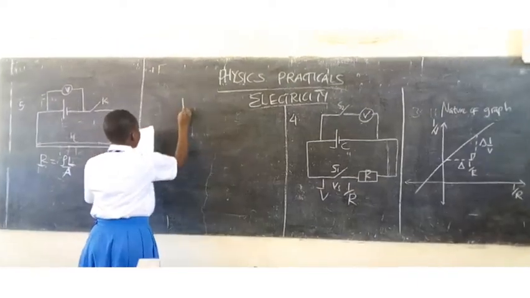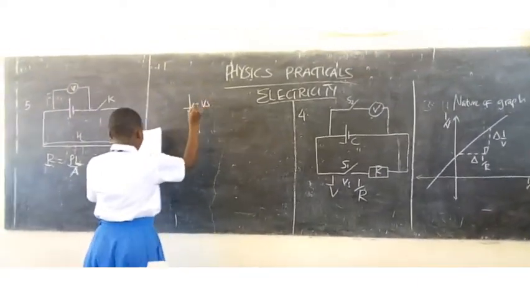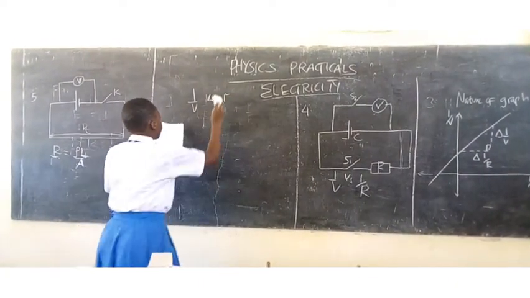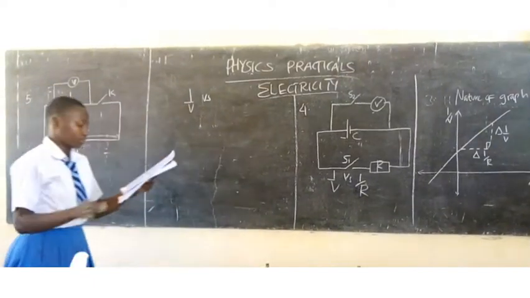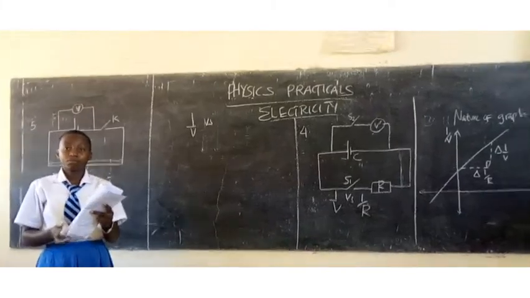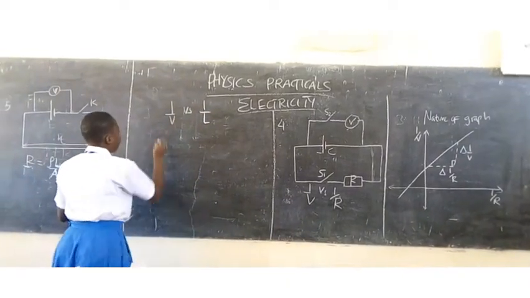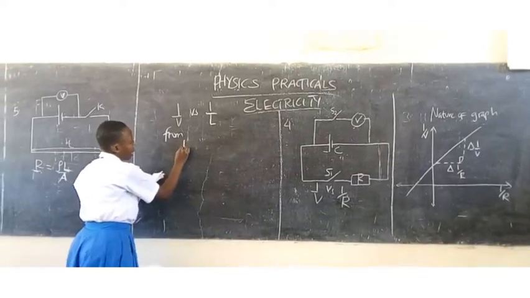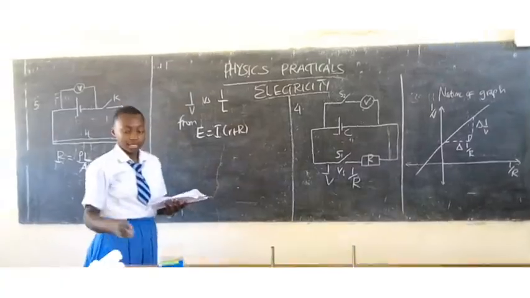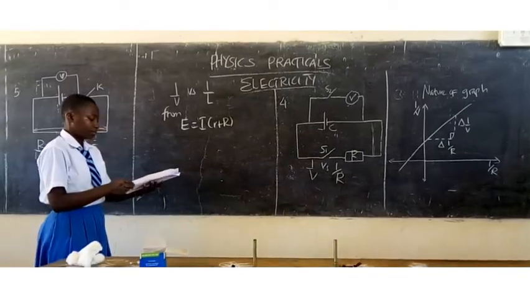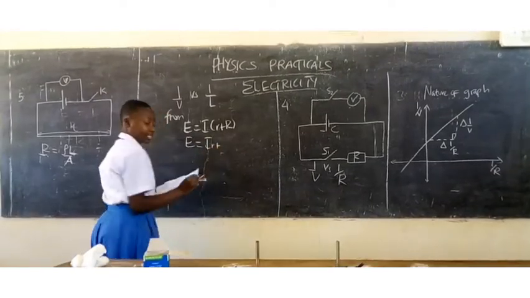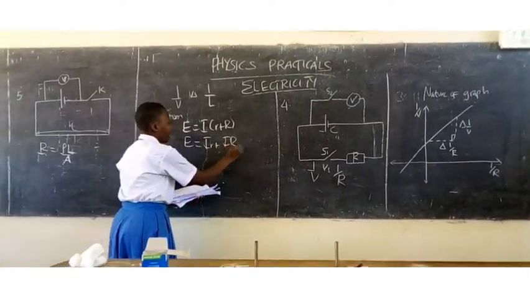We plot 1 over V against 1 over L. Start from E equals I R plus I r.